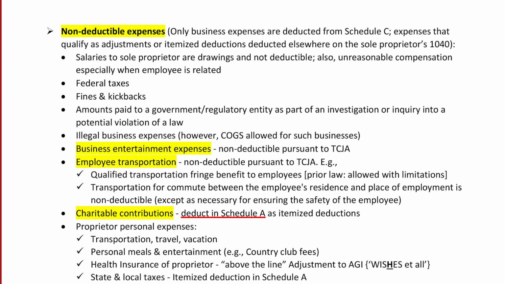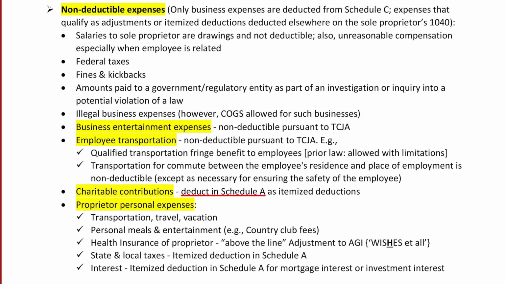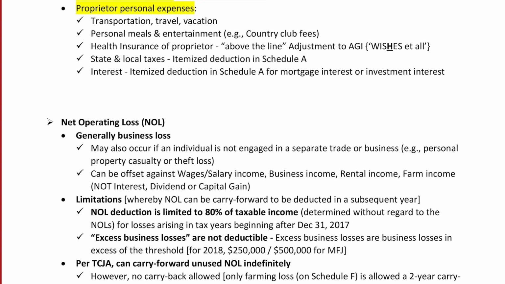The last one here, proprietor personal expenses like transportation, travel, vacation, proprietor's personal meals and entertainment. Health insurance of proprietor. Or state and local tax paid by the proprietor as an individual.